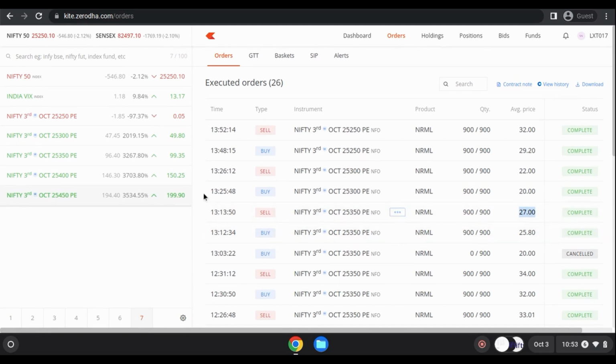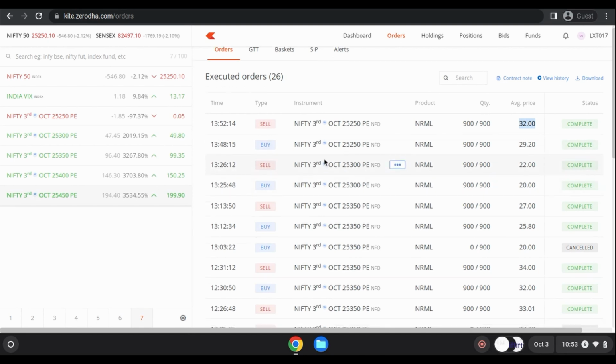And then again at 1:25 p.m. I've entered the trade at 20, and then at 1:26 p.m. I've exited the trade at 22, capturing another 2 points here. And my final trade was entered at 1:48 p.m. at 29 level, and I've exited my final trade at 1:52 p.m. at around 32 rupees, capturing some 3 points over here.